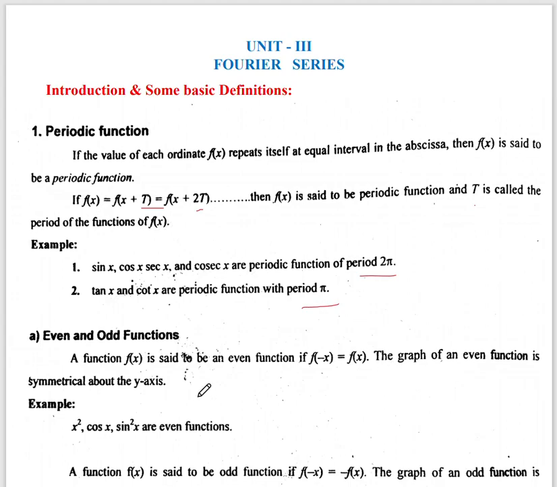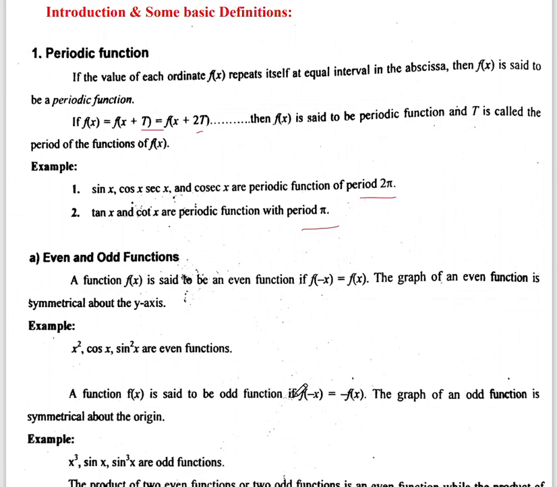Then we will see even and odd functions, because even and odd functions play a very important role in Fourier series. When do we say that the given function is an even function? A function f of x is said to be an even function if f of minus x equals f of x.